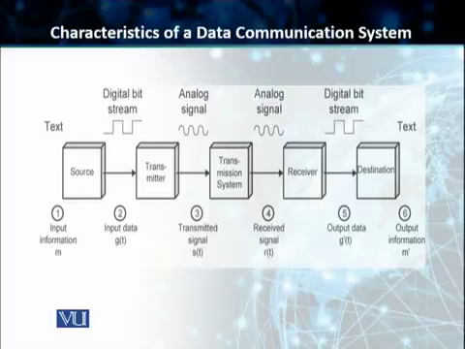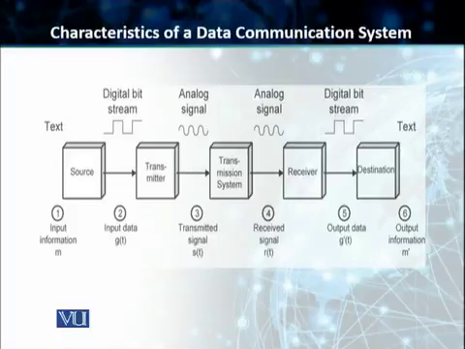So as you can see, receiver received an analog signal and converted it into a digital bit stream while trying to get an exact replica of the digital bit stream that we transmitted in step number 2. Now students, this digital bit stream is now transmitted to the destination in the format that your receiver can understand.